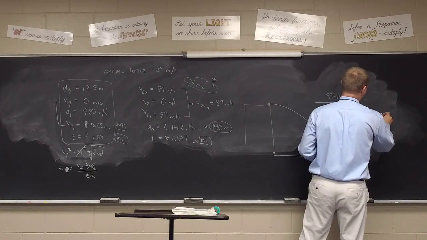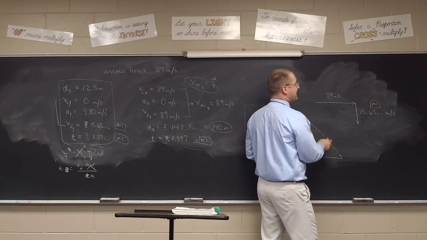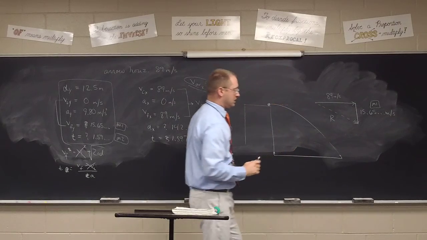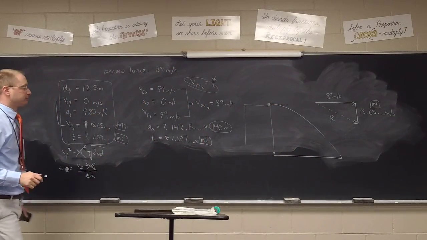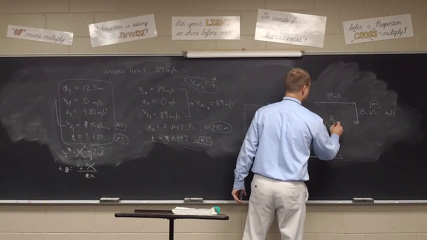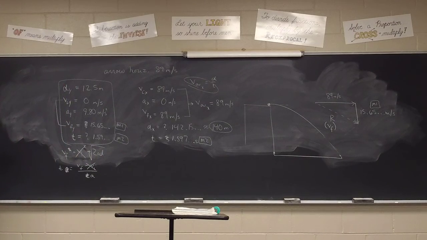15.65, blah, blah, blah, meters per second. Memory 1, correct? So when it hit the ground, we could find the resultant final velocity. The real v sub f, not v sub fx or v sub fy, but actual v sub f.